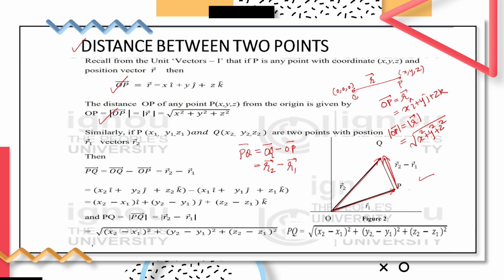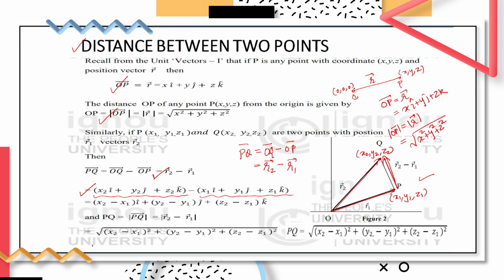And we all know that if x2, y2, z2 are the coordinates of point Q, and x1, y1, z1 are the coordinates of point P, then R2 minus R1 will be equal to the component-wise difference of the two vectors, that is x2i plus y2j plus z2k minus x1i plus y1j plus z1k.